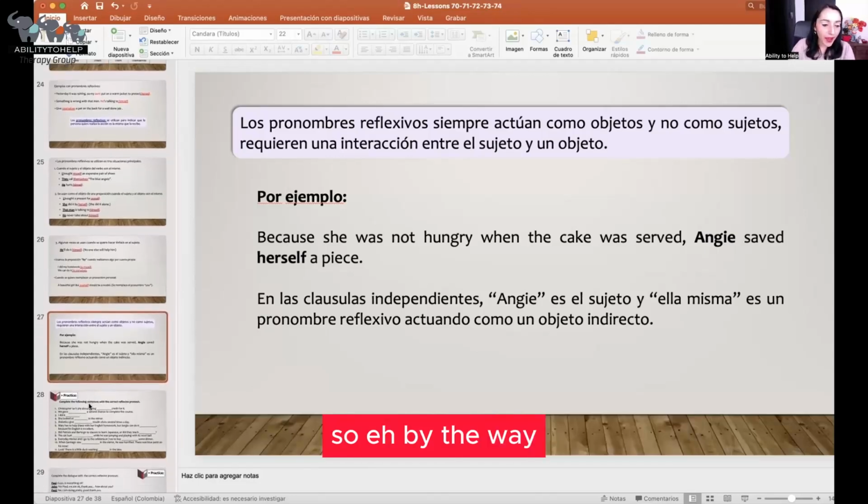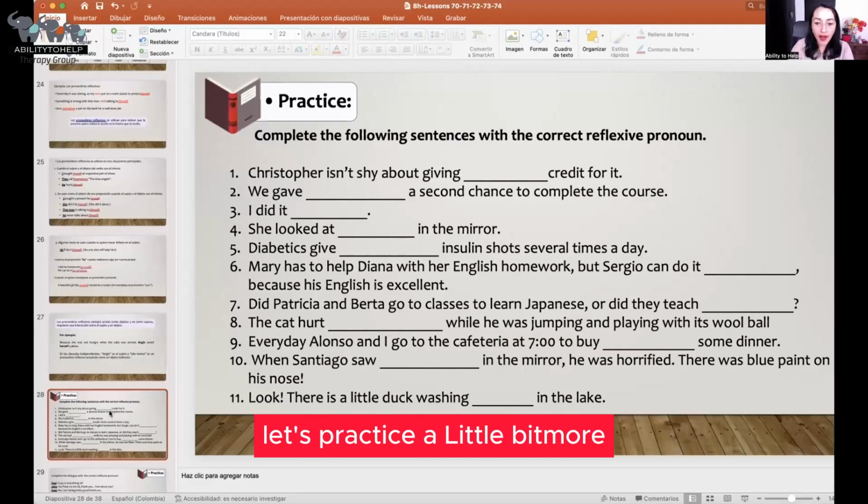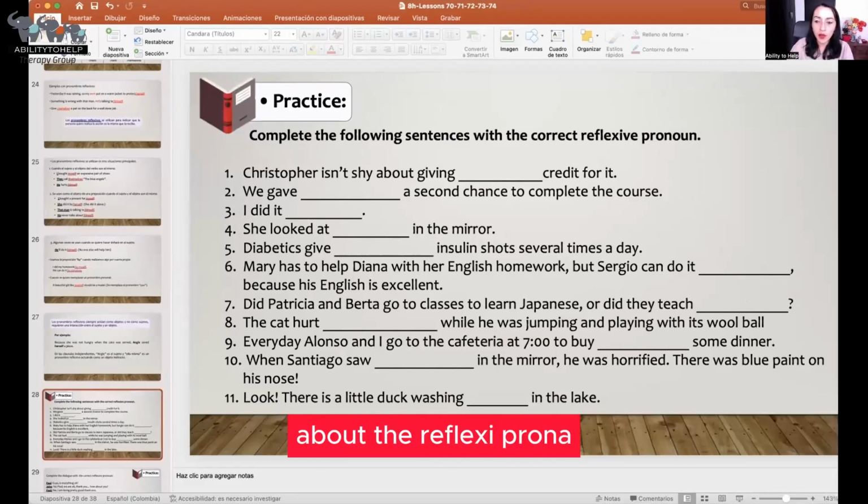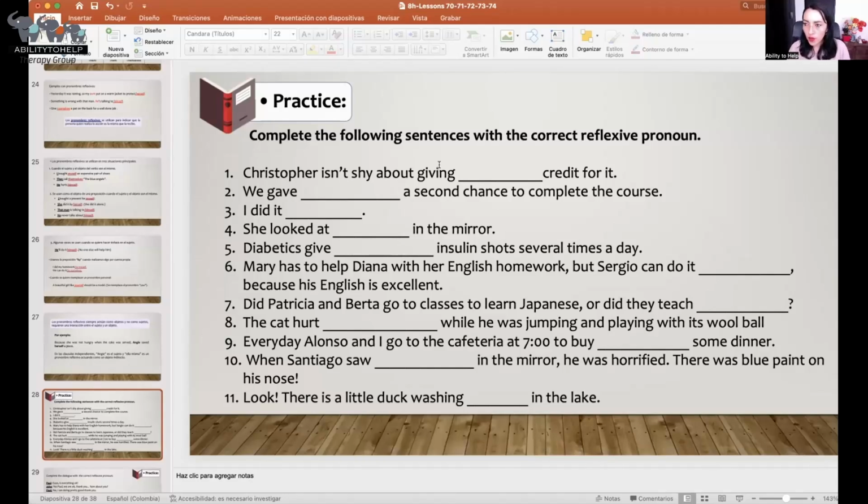So, by the way, let's practice a little bit more about the reflexive pronoun. Please help me to solve this one exercise. This is an activity. So if you want, stop the video and write in your notebook the possibilities or the answer to this exercise.